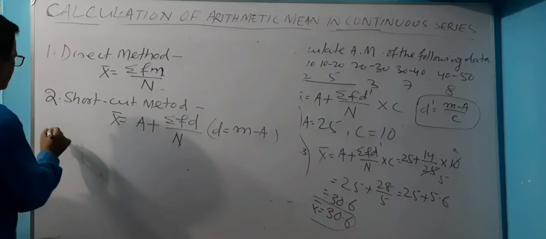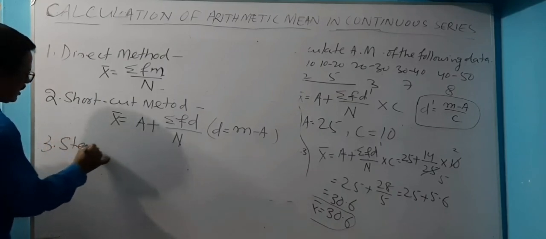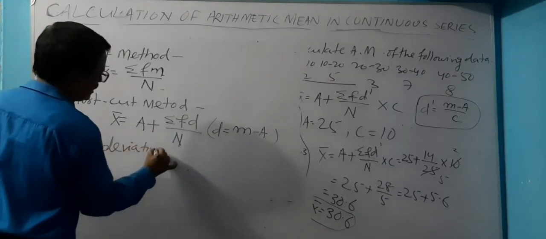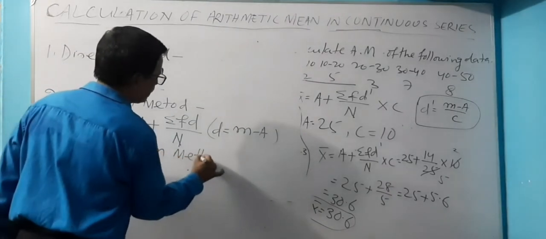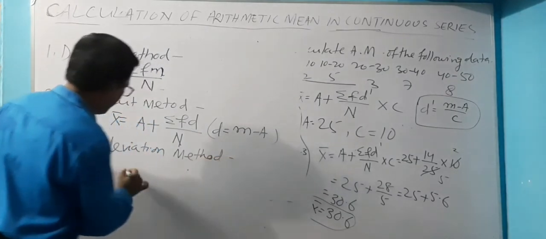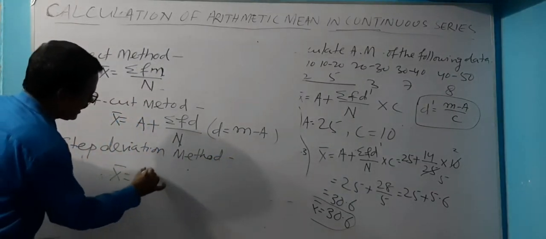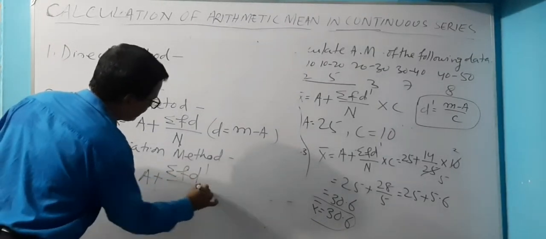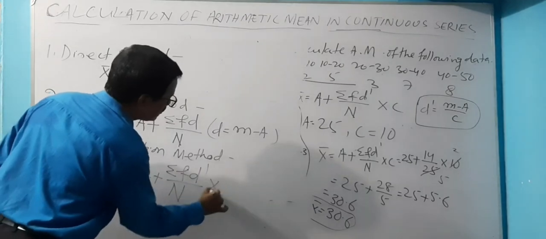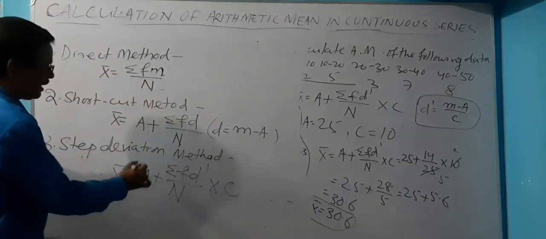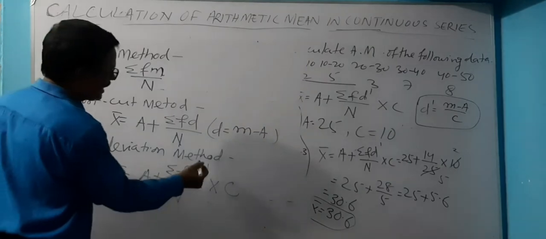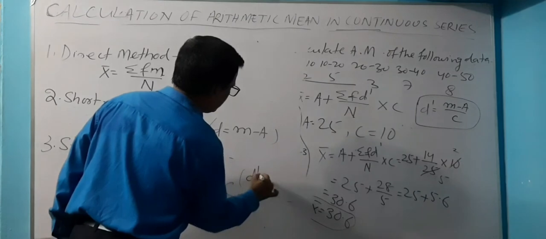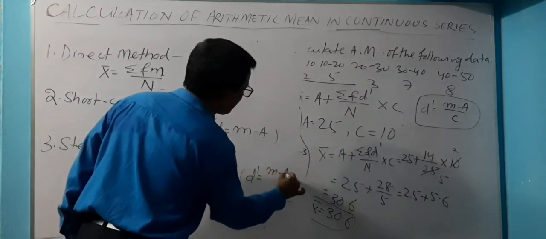And the next method, that is step deviation method. The formula for calculating arithmetic mean in step deviation method is x bar is equal to a plus summation fd dash by n into c, where a means assumed mean, and what is d dash?